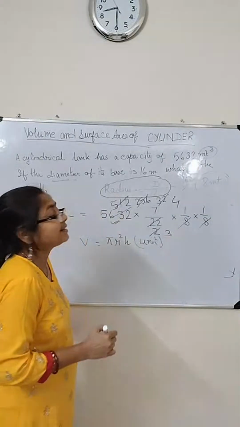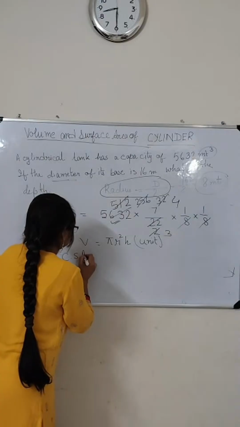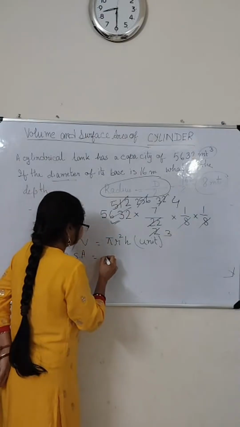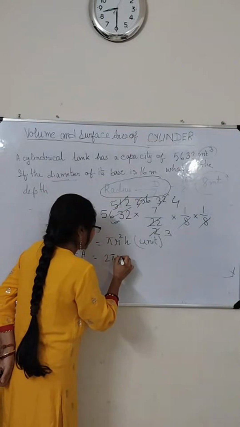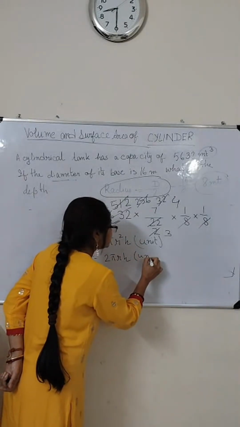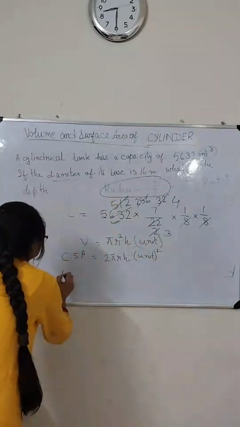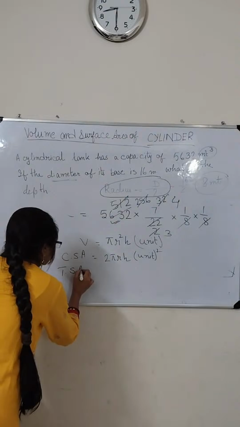Okay? Curved surface area is 2 pi r h, and the unit is unit square. And the third one is total surface area.